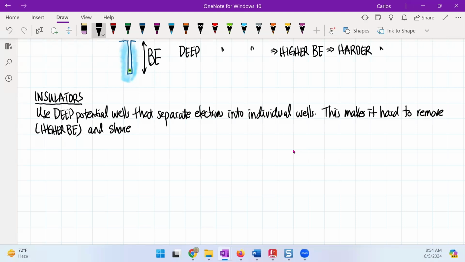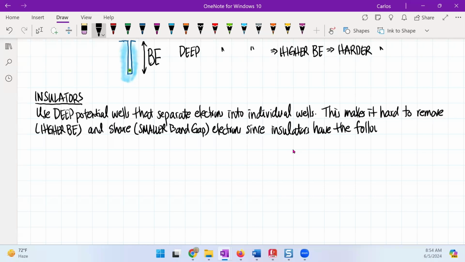And what do we mean by share? They have a smaller band gap. They share electrons since insulators have the following properties.